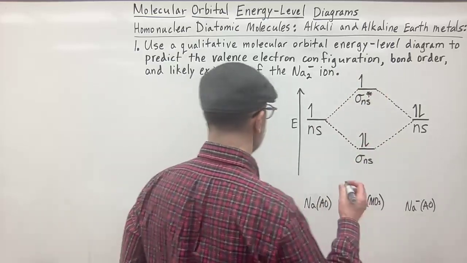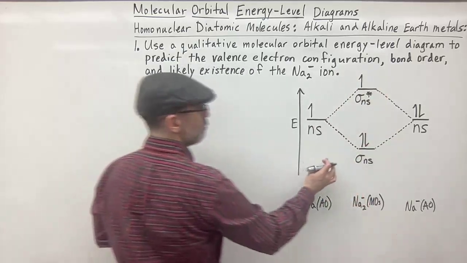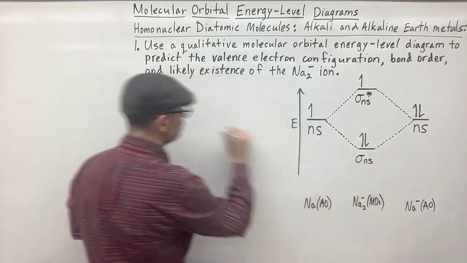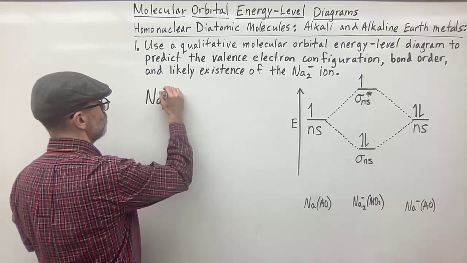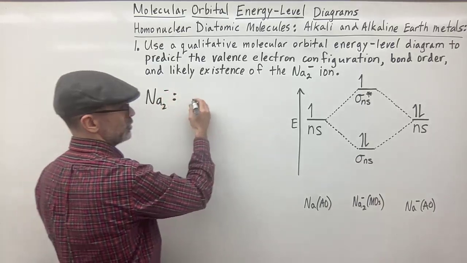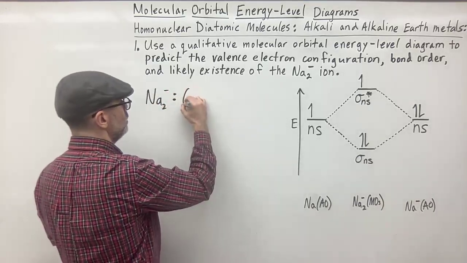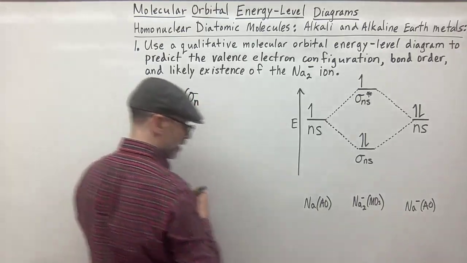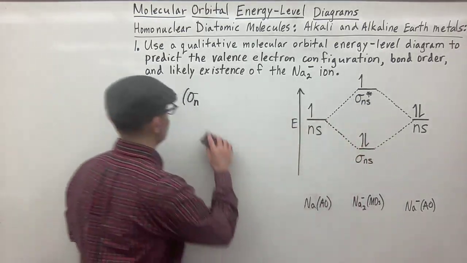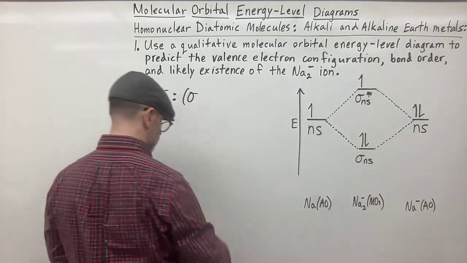And so we're just going to write what the valence electron configuration is, filling in from the bottom. So for Na2 minus, the valence electron configuration is going to be sigma ns, or we could actually do 3s if you want to be specific about it.